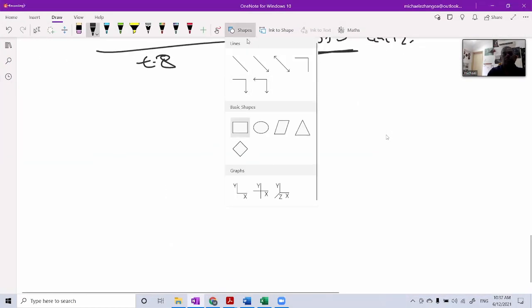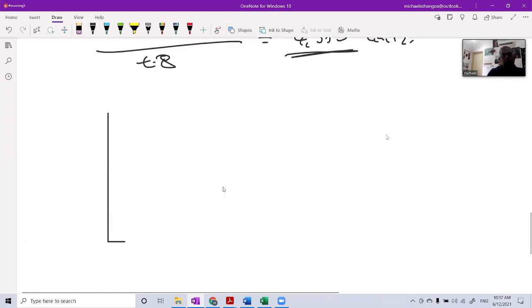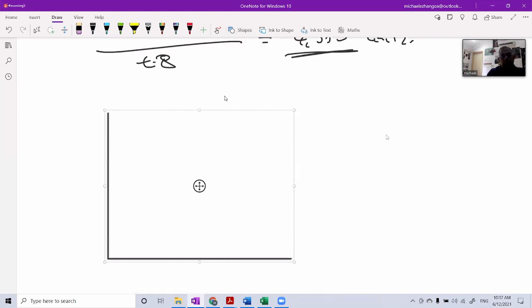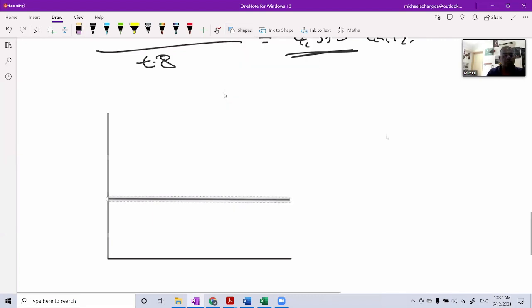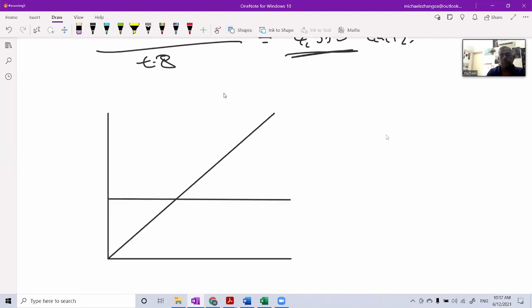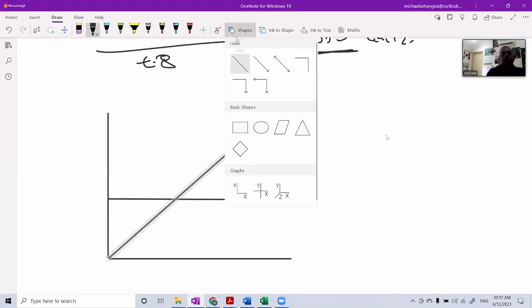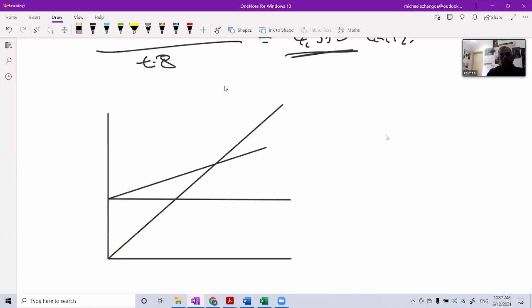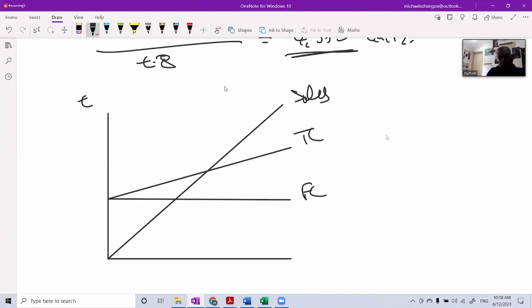So we draw that. Fixed costs. Sales. Total costs, fixed costs. It's in euro. This is units.